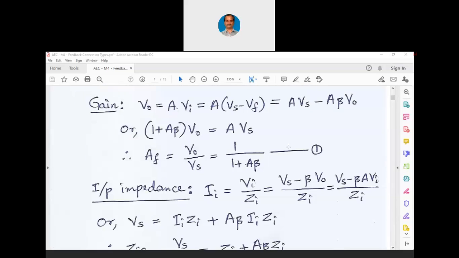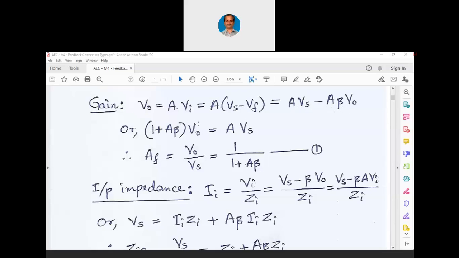Actually, you are already familiar with these basic equations. Still, let me recapitulate. Now, the gain Vo is A into Vi. Vi is Vs minus Vf. So, Vo is equal to A into Vs minus A into beta into Vo, because Vf is nothing but beta into Vo.